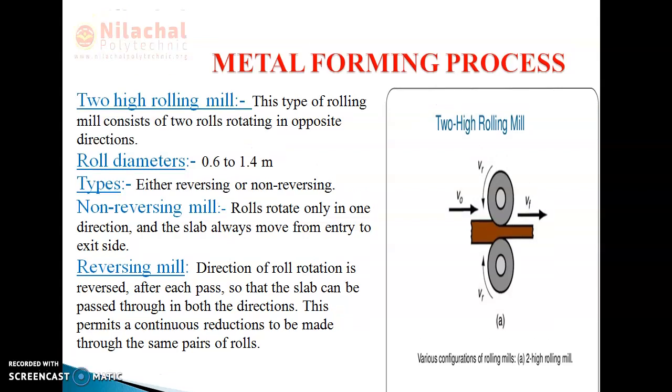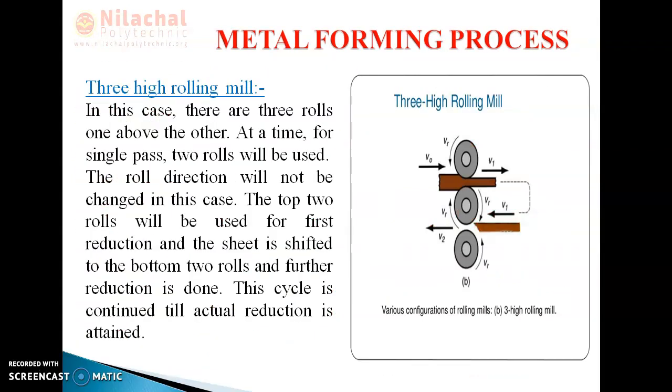Then we will go to the next slide, that is known as the 3 high roll mill. Now you can see in this case there are 3 rolls, one above the other. That means the rolls are placed one above the other. At a time, for a single pass 2 rolls will be used. The roll direction will not be changed in this case.